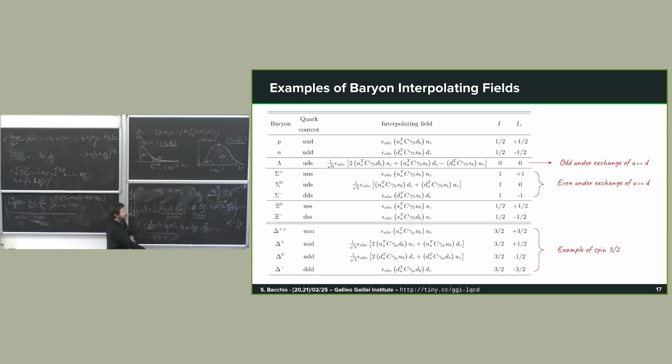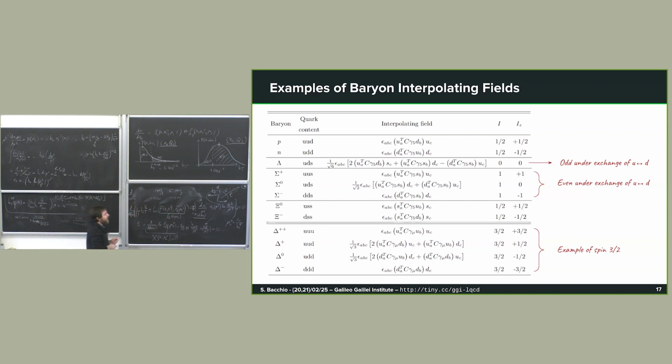These two baryons can mix, and they have a really small difference in mass: about 1,100 MeV and about 1,200 MeV. But regardless, these are two states.